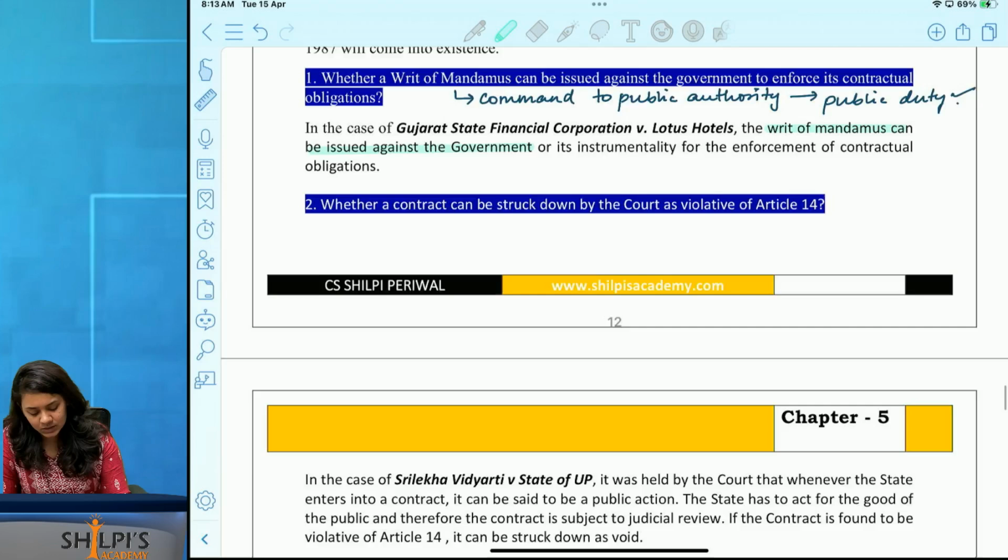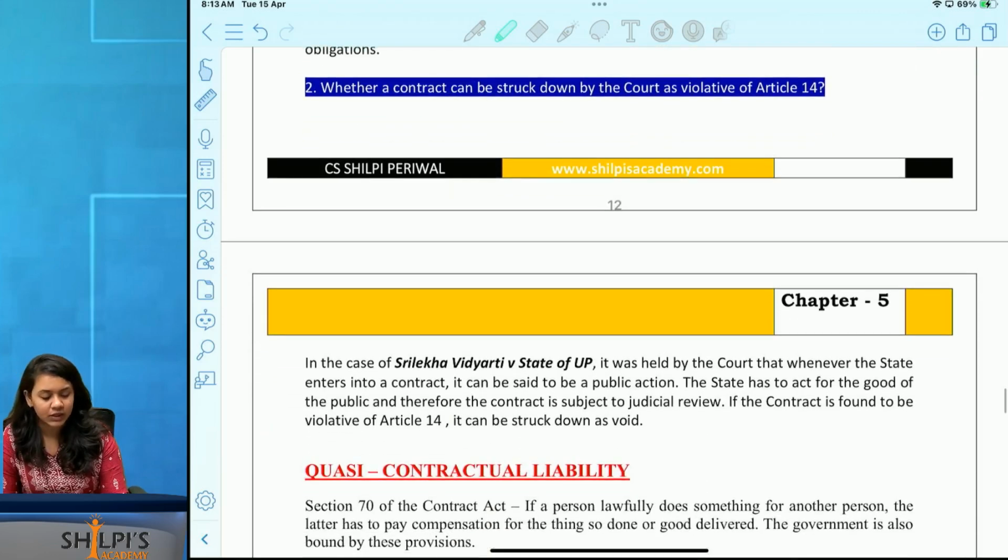The next question that was asked was whether a contract can be struck down as void as violative of Article 14. In Srilekha Vidyarthi versus State of UP, it was held that whenever the state enters into a contract, it is said to be a public action, and the contract must always be for the public good, and hence the contract is subjected to judicial review.